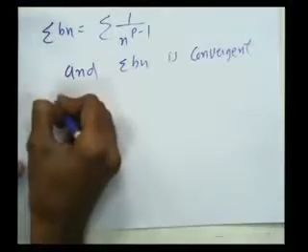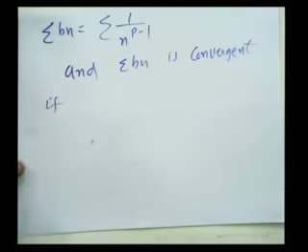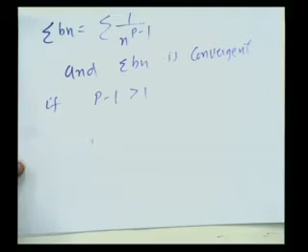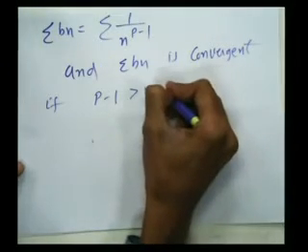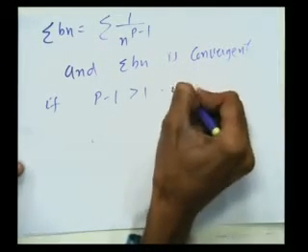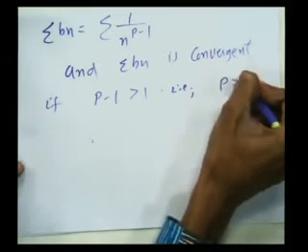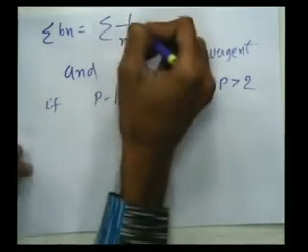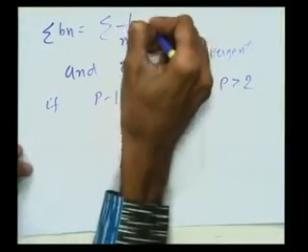This series sigma bn is convergent if P minus 1 is greater than 1, that means P greater than 2, because here the index of n is P minus 1.